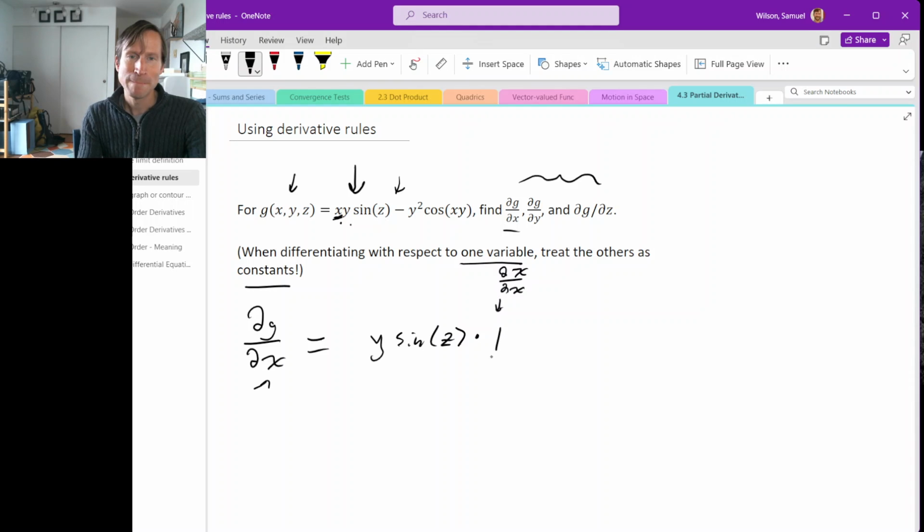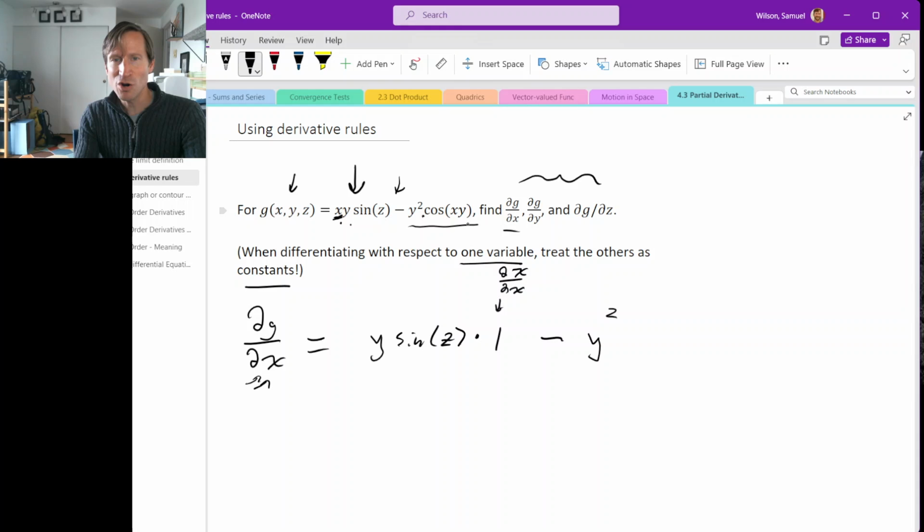Okay, minus, and now let's do the second piece. We're still differentiating with respect to x, so again, we could use the product rule because it's y squared times this cosine piece, but y squared is acting like a constant, so we can just write down our y squared, sliding the constant multiple outside the derivative. Then we multiply by the derivative of cosine of xy.